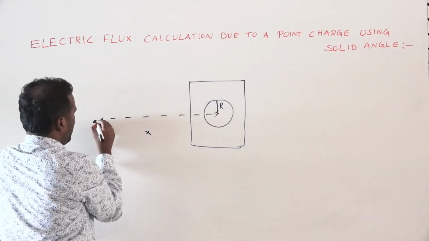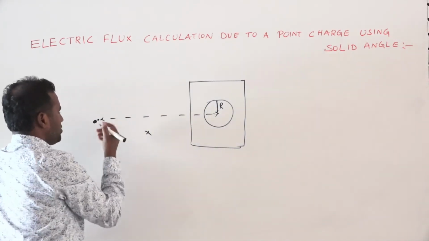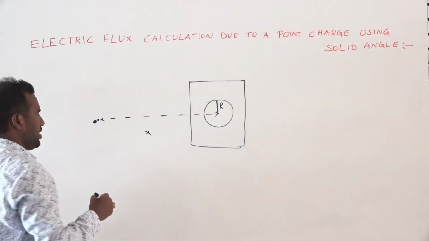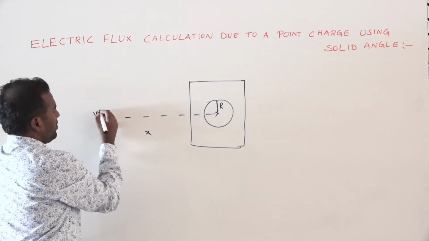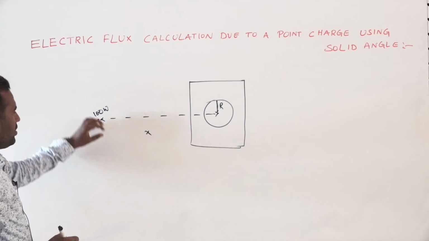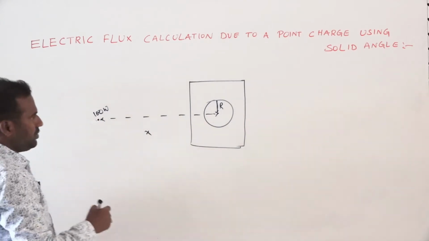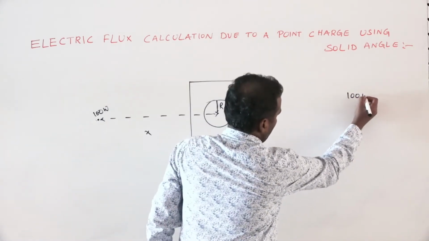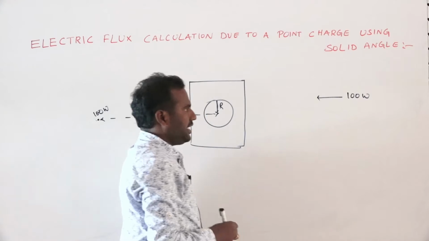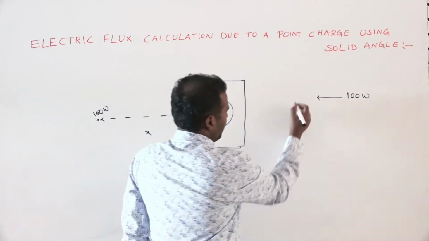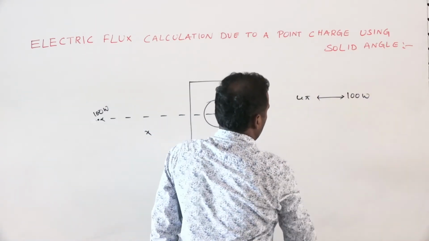Take a point light source, as an example, having its power as 100 watt. This 100 watt power is generated radially outwards for a solid angle of 4 pi steradian.